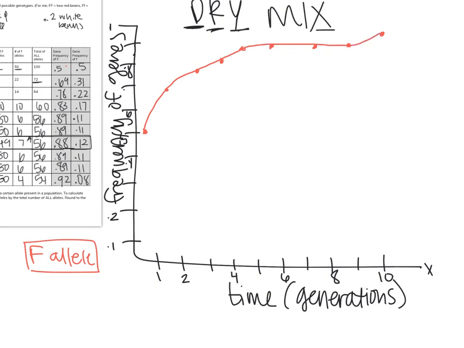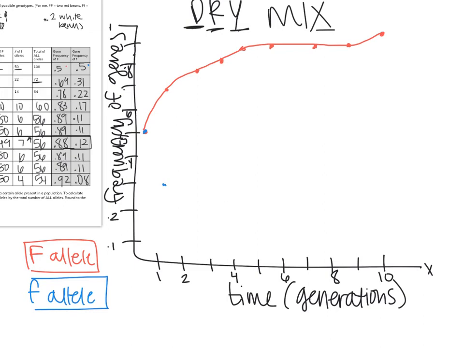Beautiful. Now let's do the same, but with the little f allele and a different color. Okay, so we start off at 0.5 again, so I'm just going to do another dot there, but then very quickly the numbers got different. In the second generation, you had 0.31.